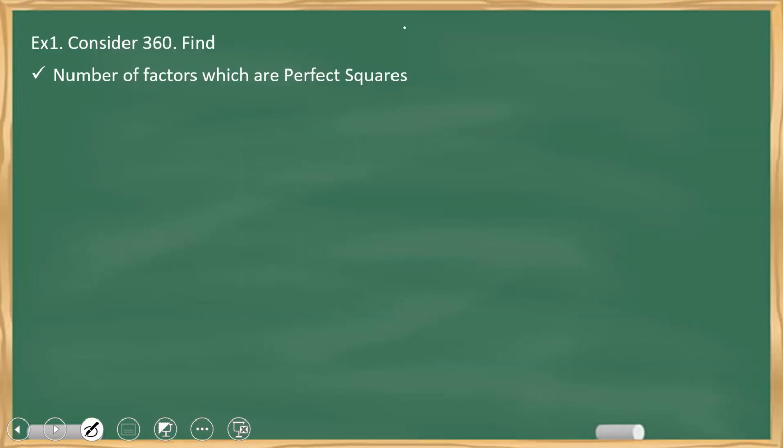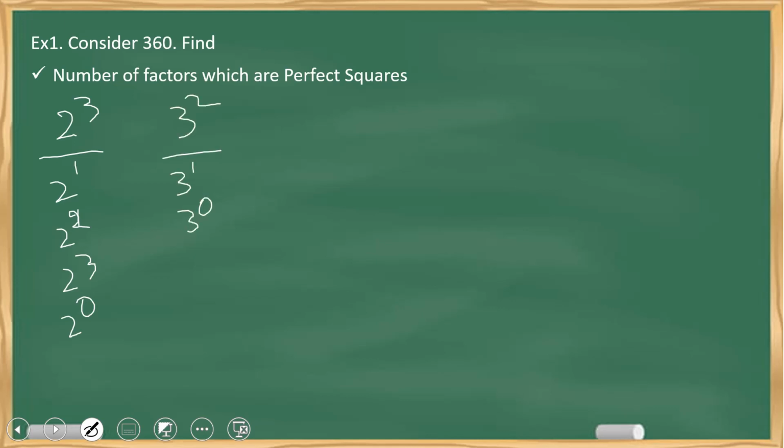Perfect squares. Again, coming to the concept of 2 cube: 2 power 1, 2 power 2, 2 power 3 and 2 power 0. Next, 3 square: 3 power 1, 3 power 0 and 3 square.